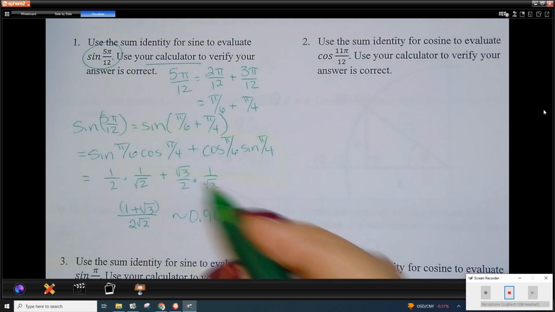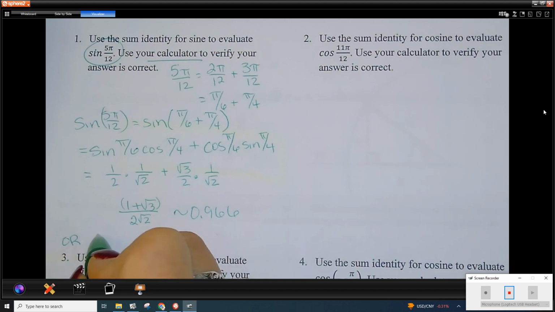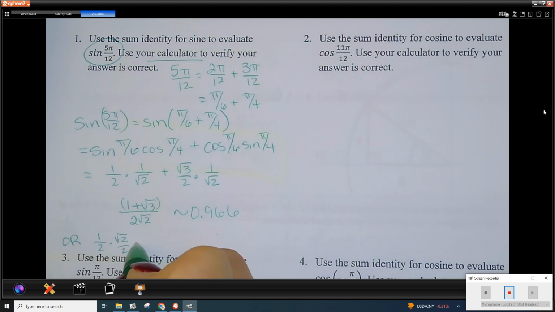If you don't use 1 over square root of 2, you end up with, I'll put an or, 1 over 2 times square root of 2 over 2 plus square root of 3 over 2 times square root of 2 over 2, which equals, this is 4, because we have to multiply those denominators.